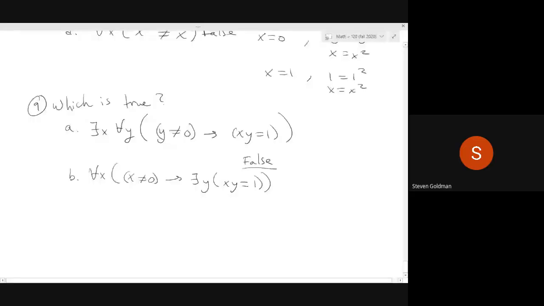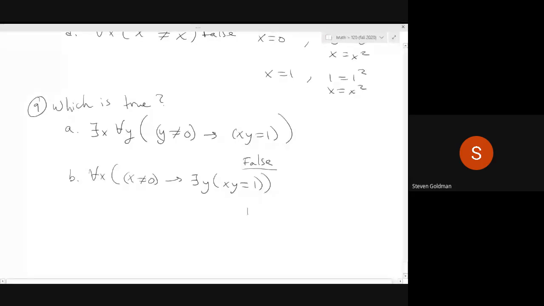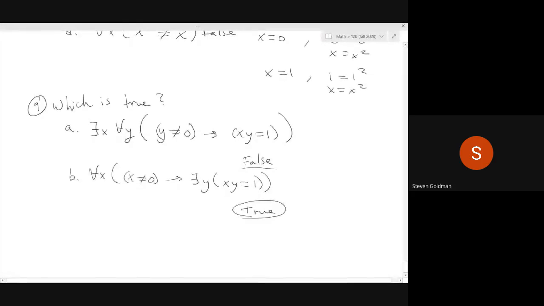This is saying for all real numbers x, as long as x does not equal 0, there exists some number y that we can multiply x by to get 1. What number is that? It's the reciprocal. So this is the idea that every real number besides 0 has a multiplicative inverse. That's true. So the answer here was B.